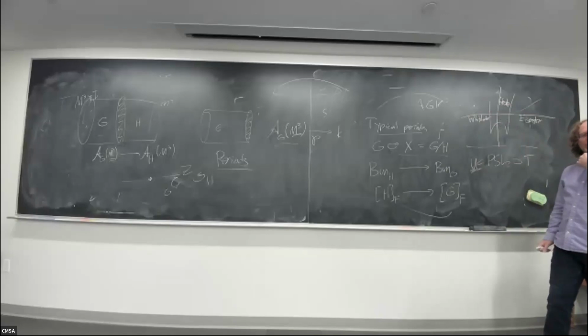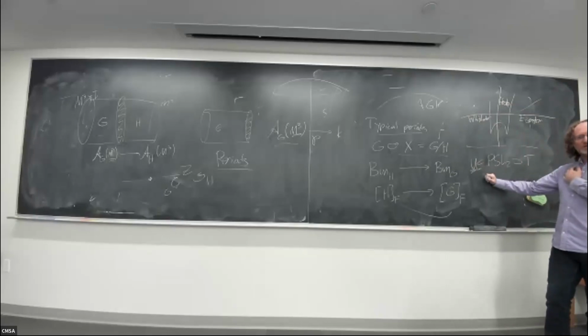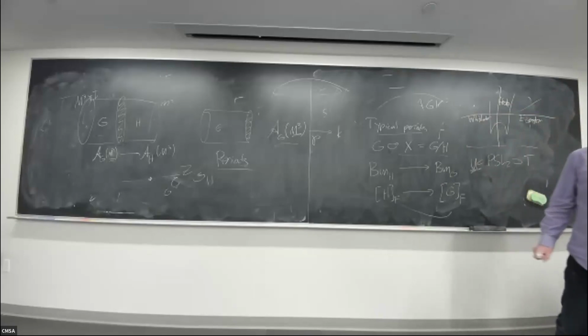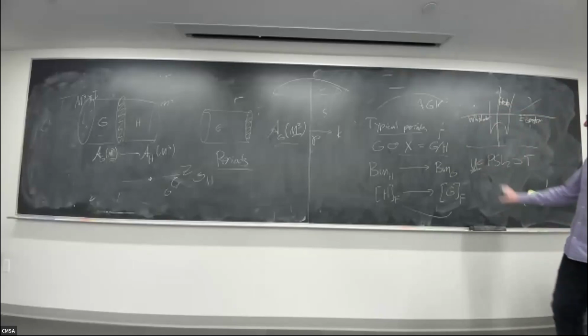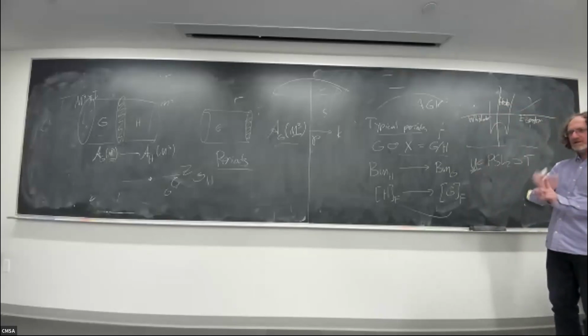Yeah, so for each parabolic, here I was giving an example. There are more examples. I'm just trying to understand your statement that it should make sense for the entire theory. I'm not trying to tell you yet what all the periods are.